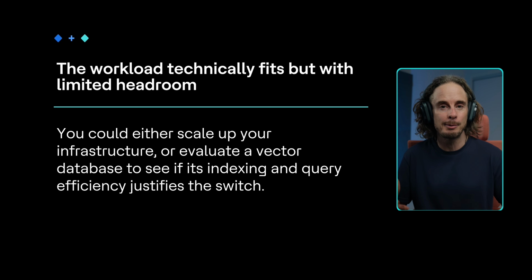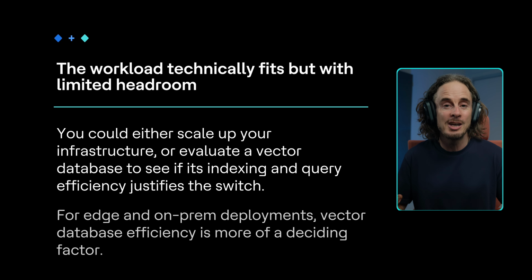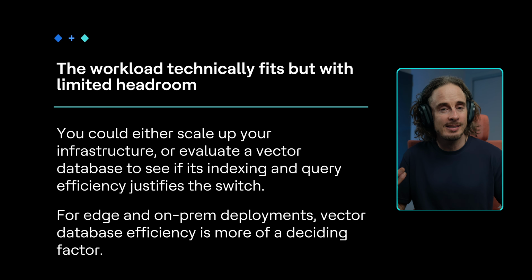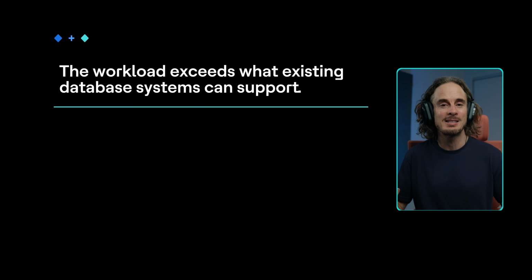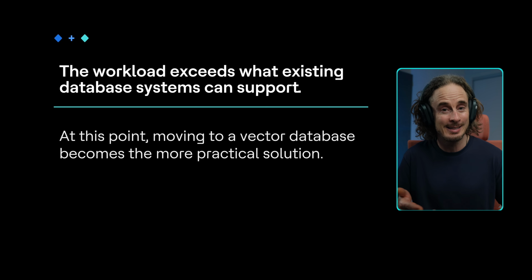You could either scale up your infrastructure or evaluate a vector database to see if its indexing and query efficiency justifies the switch. For edge and on-prem deployments, vector database efficiency is more of a deciding factor. The workload exceeds what existing database systems can support. At this point, moving to a vector database becomes the more practical solution.